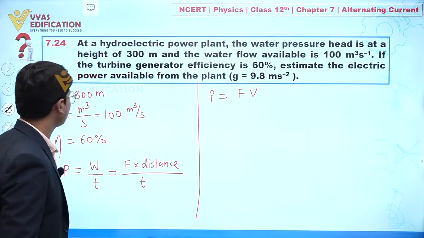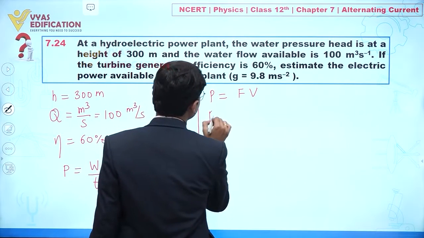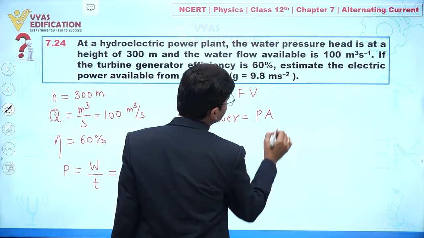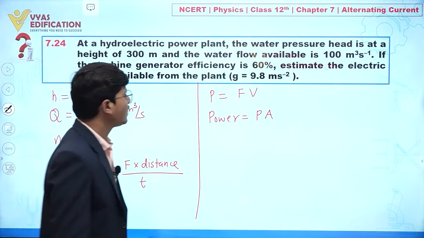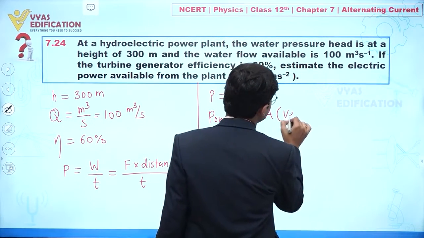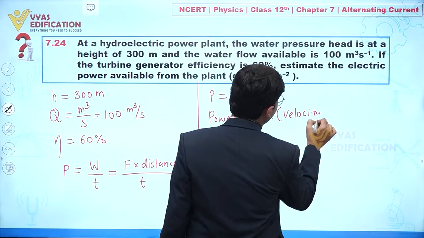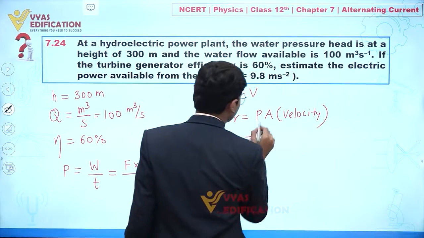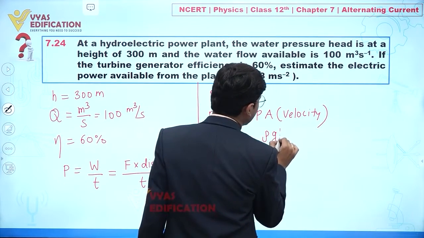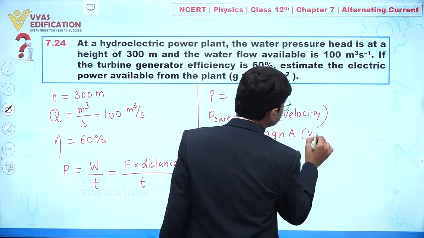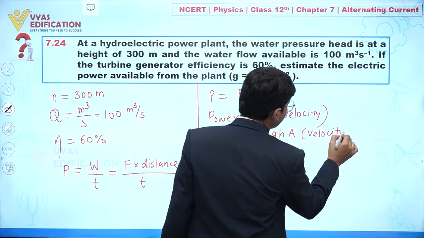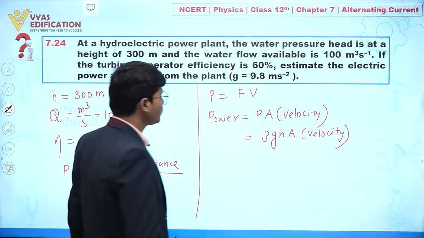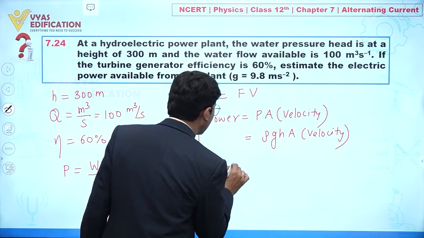Now force is pressure into area, and this is velocity. So we can also write pressure as rho gh, multiplied with A and velocity.